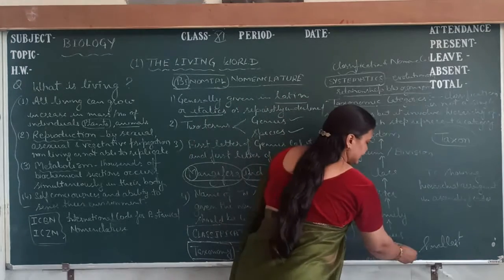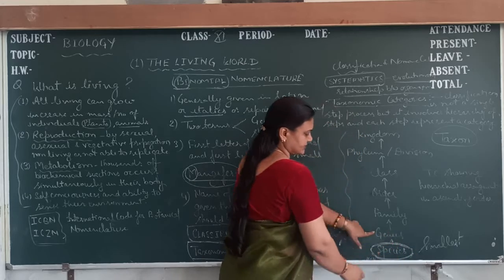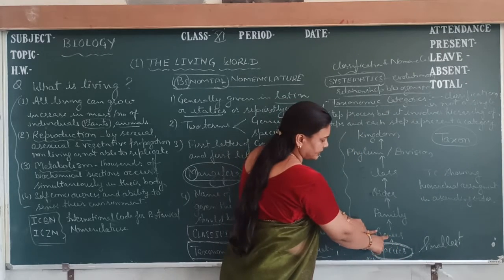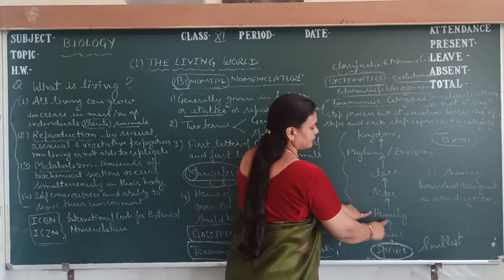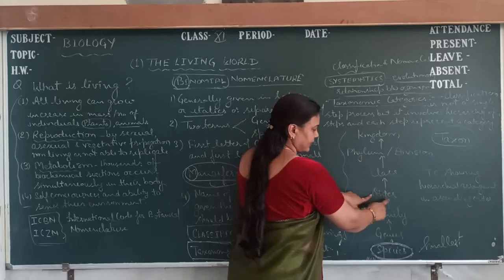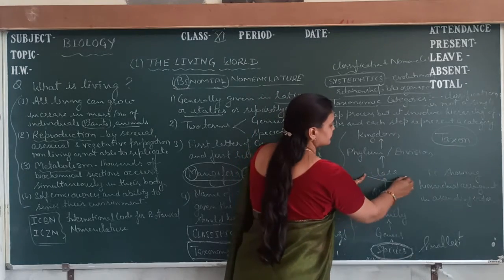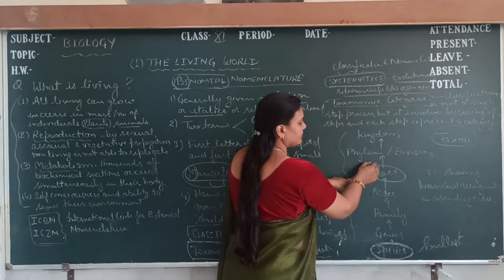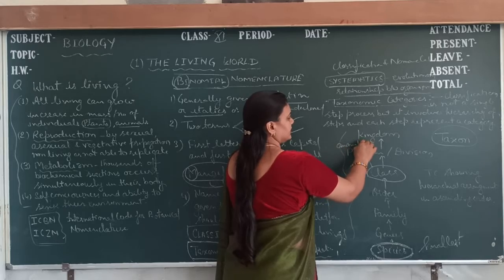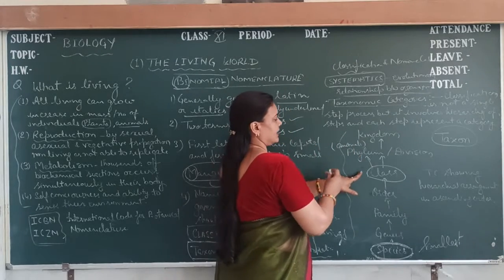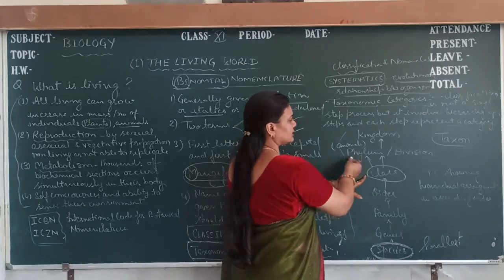So many species are combined to form a genus, and many genera combine to form a family. Many families are combined to form an order. Many orders combine to form a class, and many classes combine to form a phylum in animals, like Coelenterata, Platyhelminthes, Aschelminthes, all are phyla.